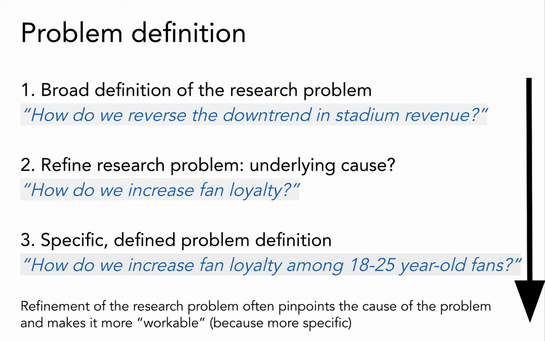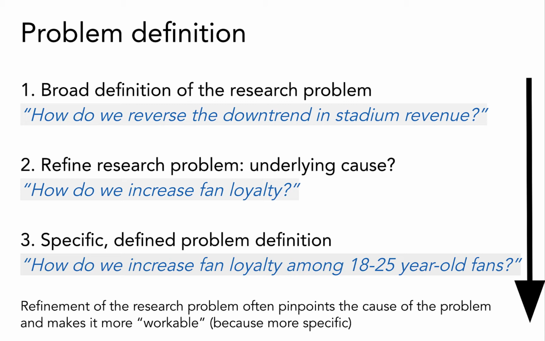So let's say you work at a concession stand in a stadium and you notice there's a downtrend in stadium revenue. There's also a downtrend in your concession stand revenue. You could just ask the broad question, how do we reverse the downtrend in stadium revenue?